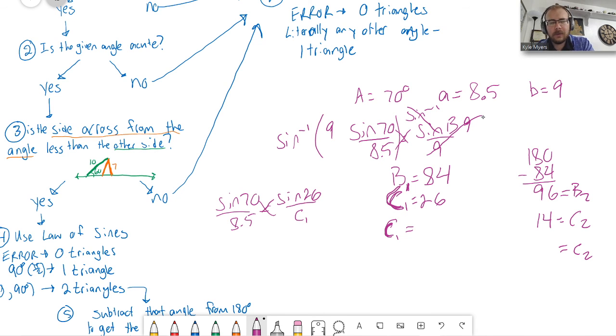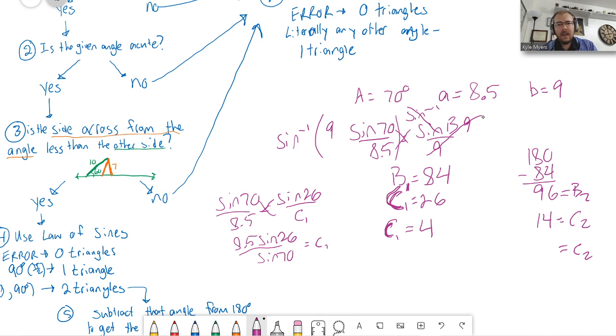So I can cross multiply here. This would be 8.5 sine 26 over sine 70 equals C1. So 8.5 times the sine of 26, close parentheses, divided by sine 70, and I get 3.96. I'm going to just round that to 4.